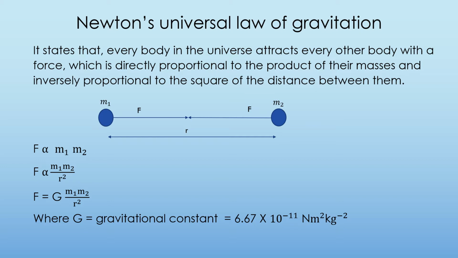Next, we can write F is equal to G m1 m2 by r square, where capital G is the gravitational constant. Its value is 6.67 into 10 raised to minus 11 Newton meter square per kg square.